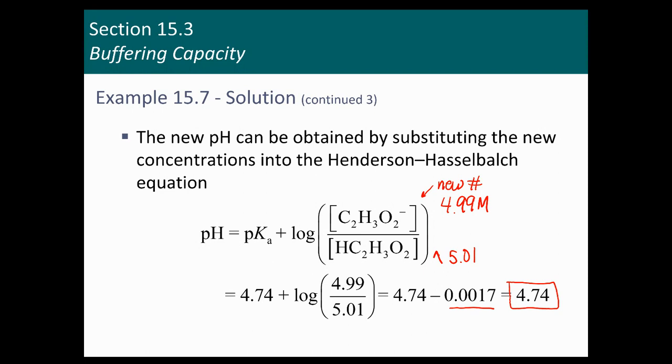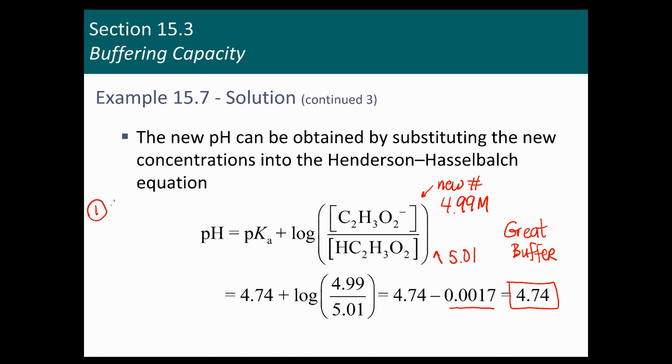That's a really great buffer. And what made it great was that we started with really high concentrations of weak acid and base, but not only that, the ratio of A minus to HA was 1.